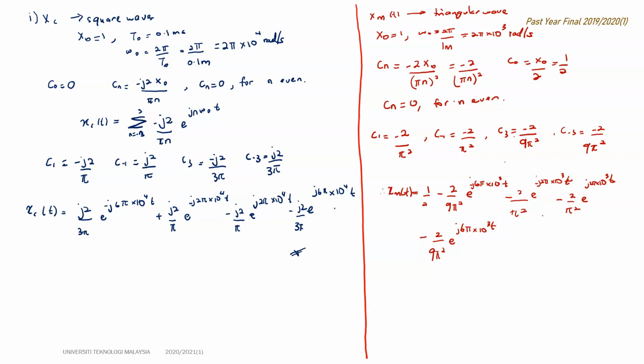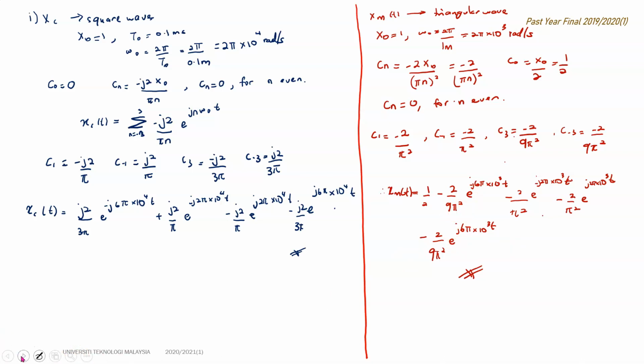So basically this is the equation for the complex Fourier series. The keyword here is complex. When it says complex, you need to put the equation in terms of exponential function.